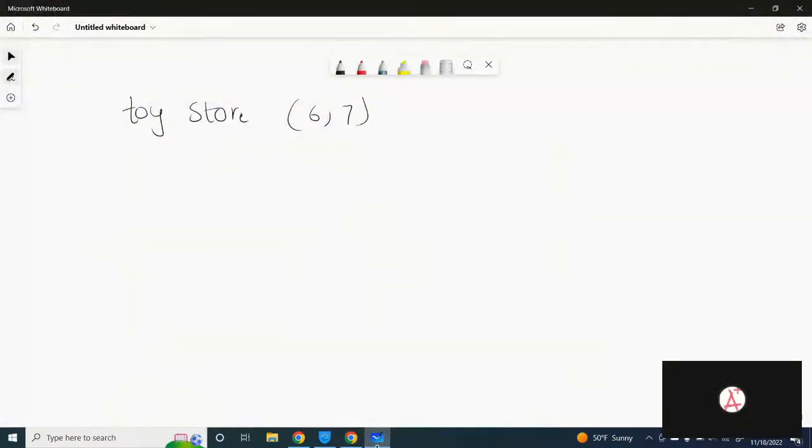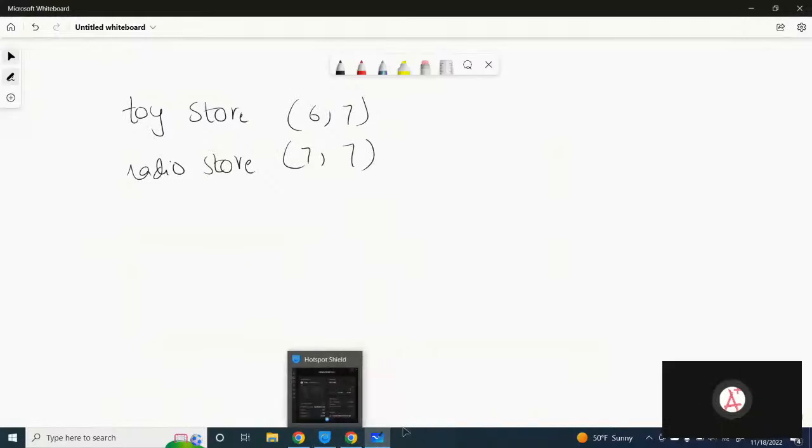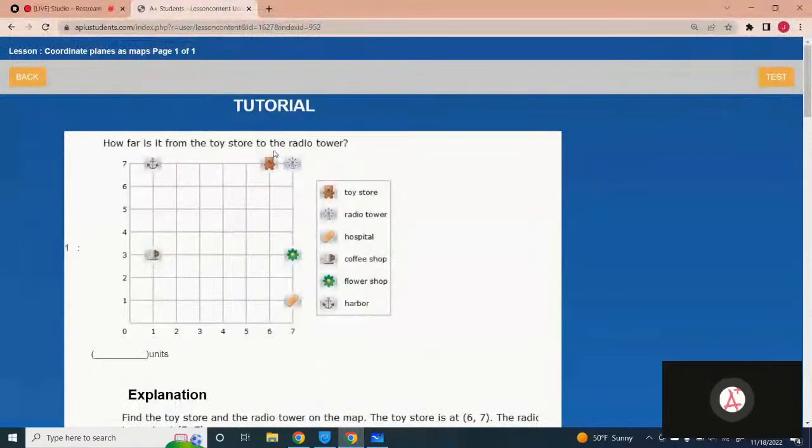Got it? Radio tower is x is 7 and y is 7. You can just look at the graph. Both of them are on the same line. That means they have the same y value. The y value for both of them is 7, but they have different values for x.